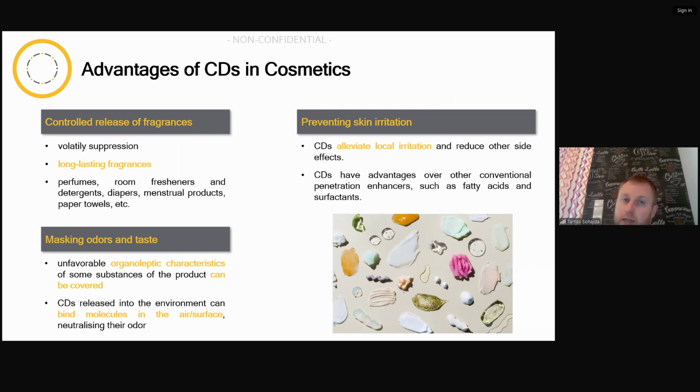solid or a semi-solid formulation, or if it's a high concentration. So usually the release from the cyclodextrin cavity happens on a trigger, which is dominantly dilution, so contact with water.